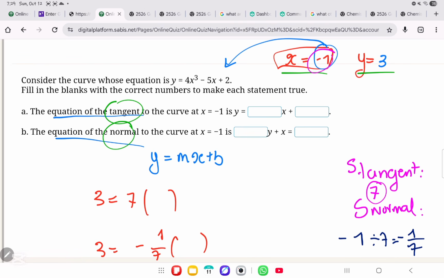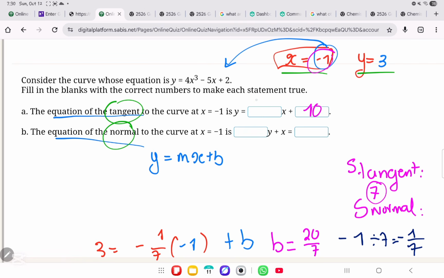What is x? X is minus 1, plus b. So here, what will we get? We will get, over here, we will get the value of b to be 10. And over here, after solving, of course, I'm going to leave the solving for you. It's going to be what? It's going to be 20 over 7. So for this one, we can make the equation very simple. Y equals 7x plus 10.